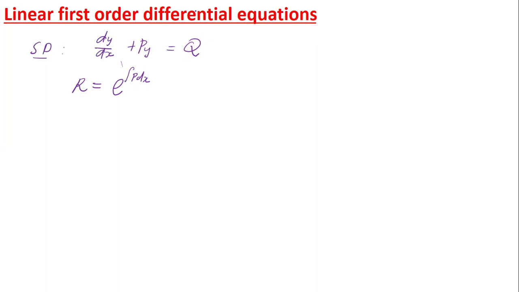I'm not going to waste much time to prove it. So the second thing that you need to do is take your dependent variable, which is y, multiply it with your integration factor, and equate it to the integral of your integration factor multiplied by the value of q dy. Why am I saying dy? Because my y is my dependent variable. Like I said, the dependent and independent variable can change, so you really need to be careful.